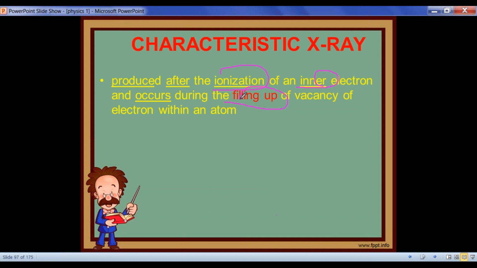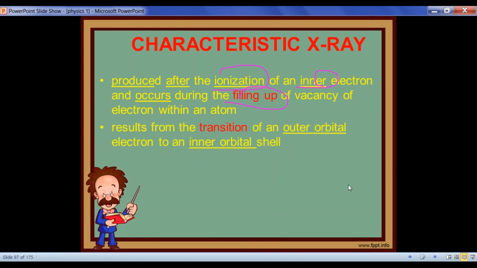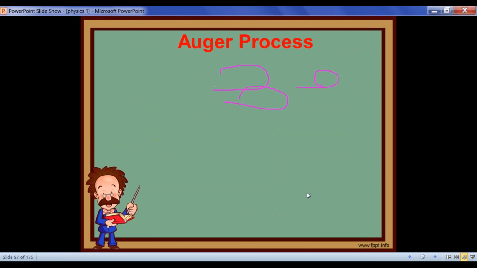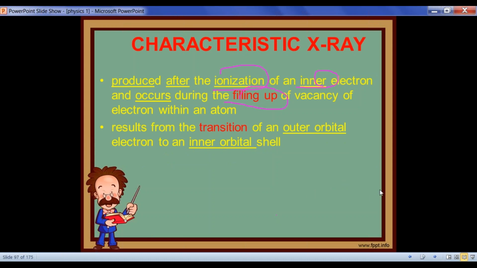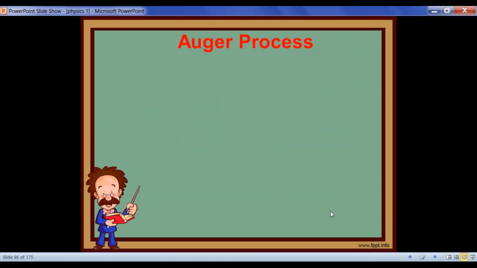So from the outer to the inner. Because of this filling up, it produces characteristic X-ray. It results from the transition of an outer orbital electron to an inner orbital shell. Transition or transfer or jumping of electrons from outer to inner shell.